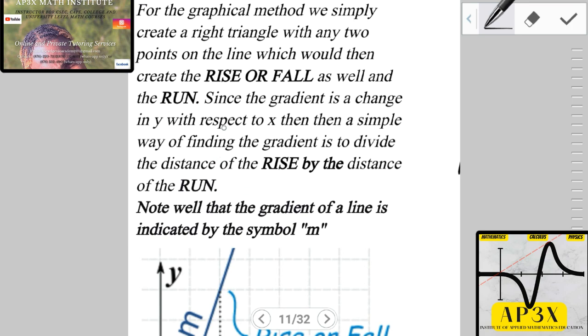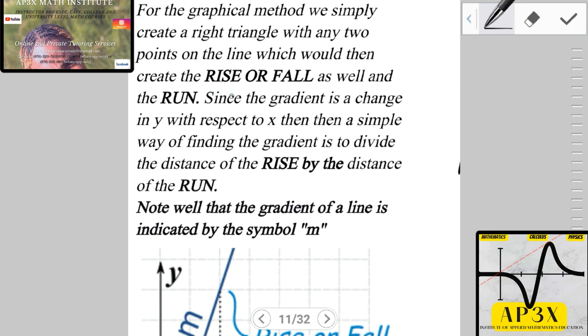Once you create a right angle triangle connecting those 2 points, then basically what you have done is that you have created what is known as the rise and the fall, the rise or fall as well as the run.